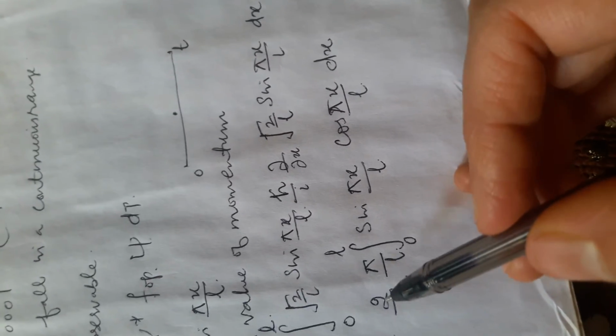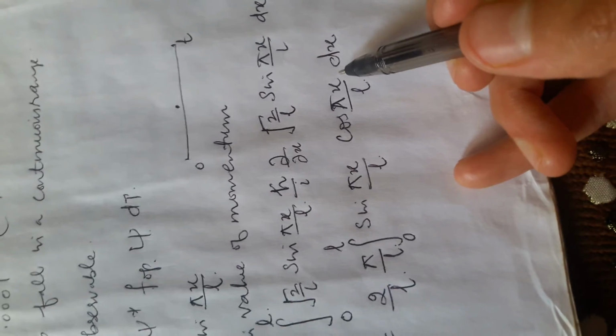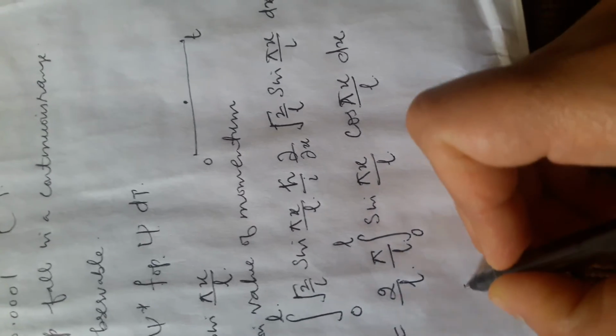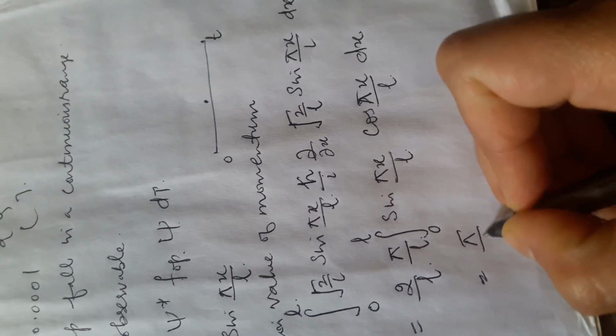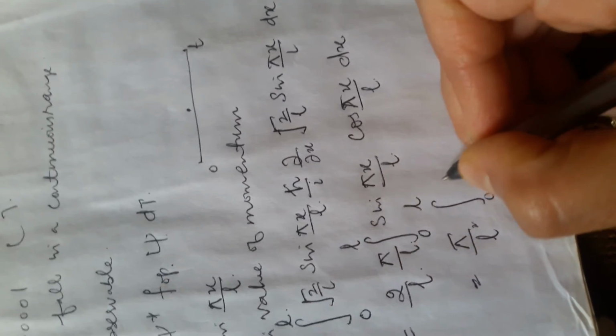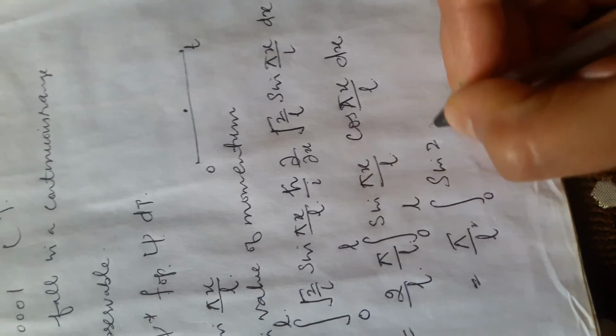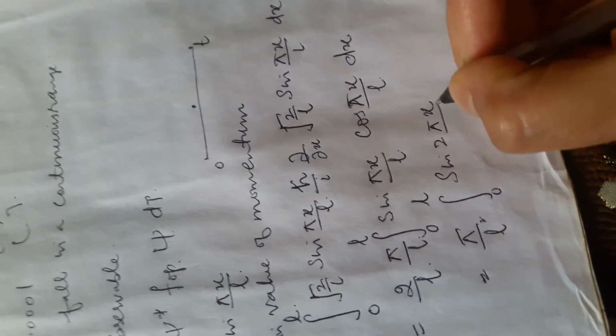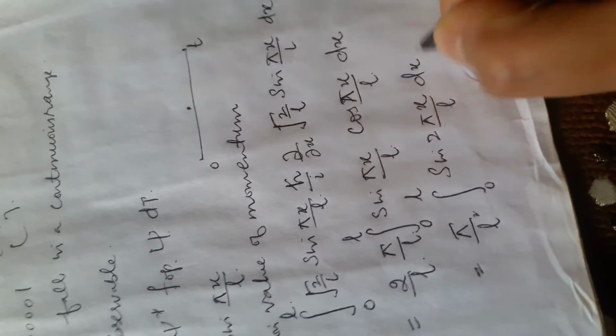Now again we are getting a formula, twice sine theta cos theta is equal to sine of 2 theta. So we are getting pi by L squared, integral 0 to L of sine of 2 pi x by L dx.